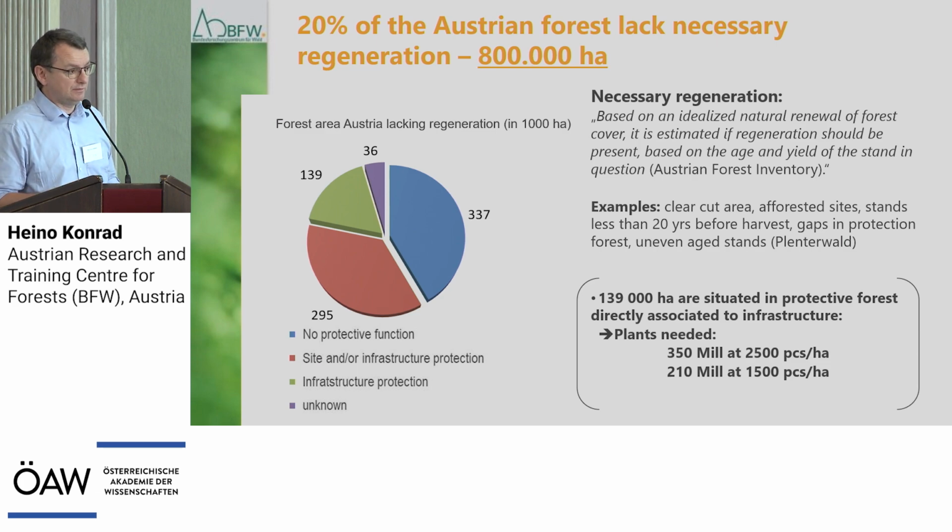To reforest this area, only the 140,000 in the direct protective forest, we would need about 200 to 350 million plants. That's about 10 times the annual production of plants in the Austrian nursery sector. So, yeah, where should these plants come from?